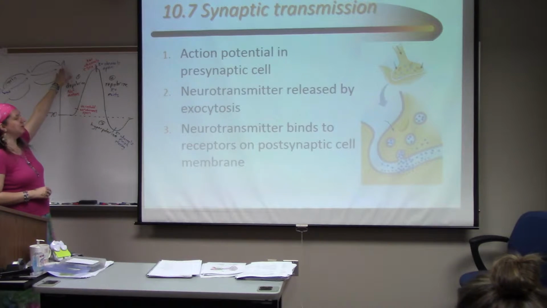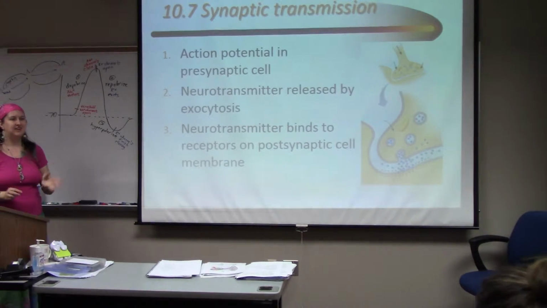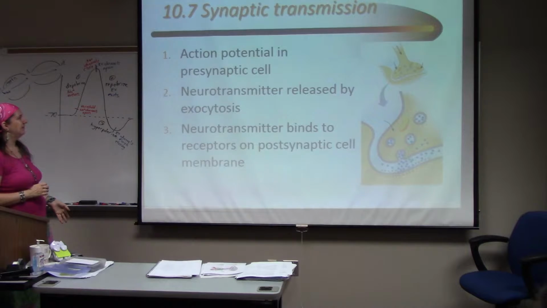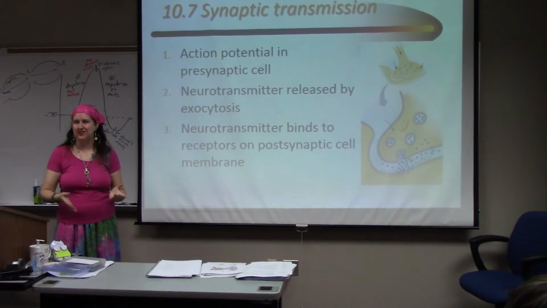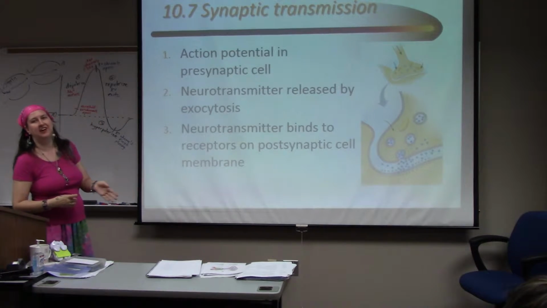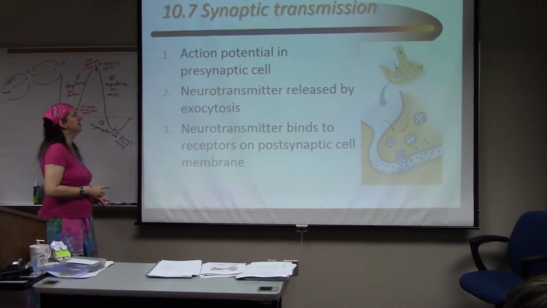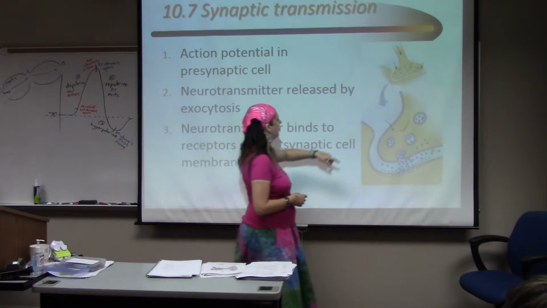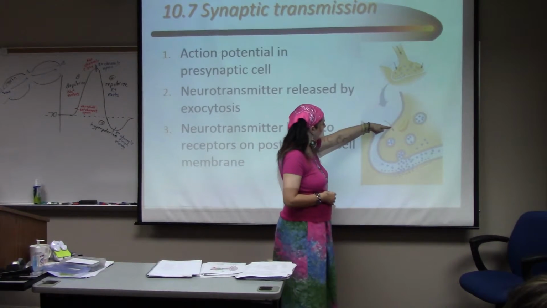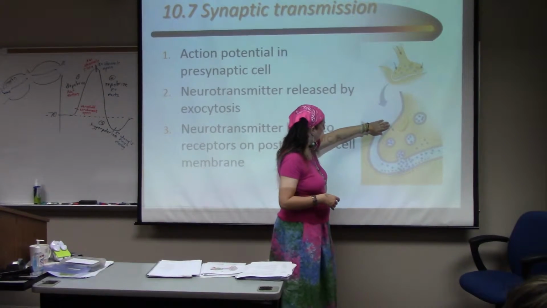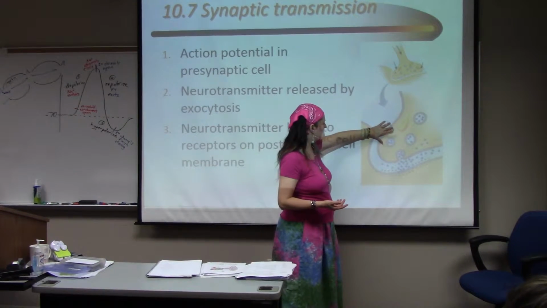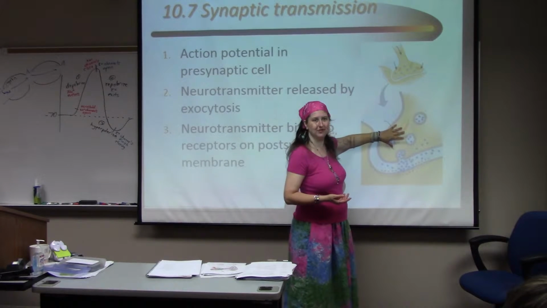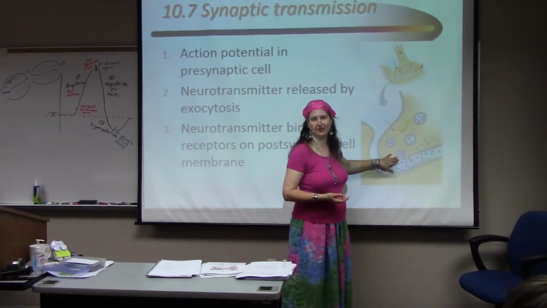Now, when our action potential gets to the synaptic knob, it can't just keep going to the next cell because they're not touching. So instead, when it gets down to the end, instead of letting more sodium in, it's going to stimulate vesicles of neurotransmitter to go to the surface.